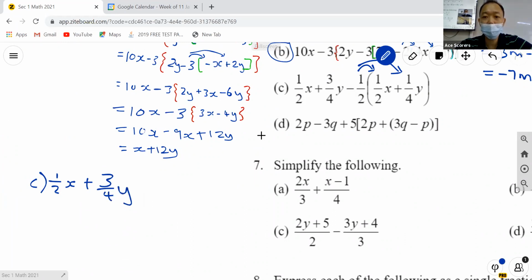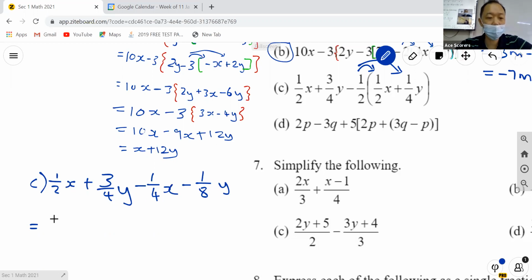So minus half times half. That's negative half times half, negative 1/4. And after that, negative half times 1/4, negative 1/8y. Okay, then you got to evaluate. So half x take away 1/4 x.